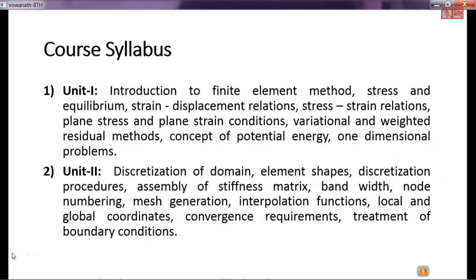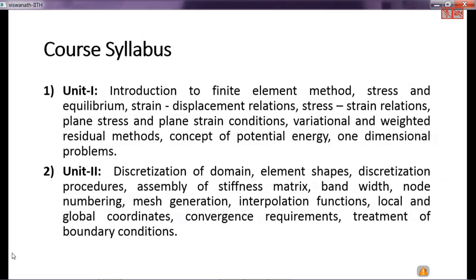Similarly, if you want to relax a little bit, people try to study it in a two-dimensional state, not totally three-dimensional, because three-dimensional will be much more costly. So there are some natural reductions from the three-dimensional state to the two-dimensional state, and those states are called plane stress and plane strain conditions.